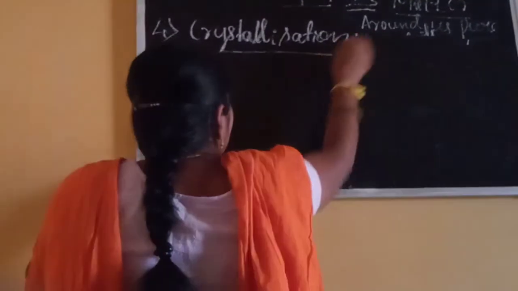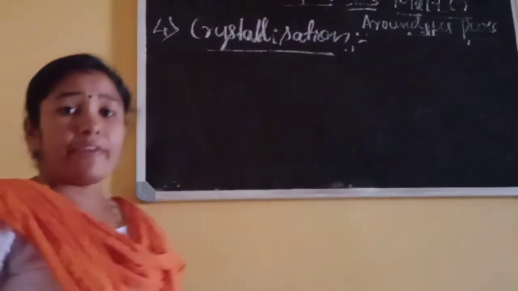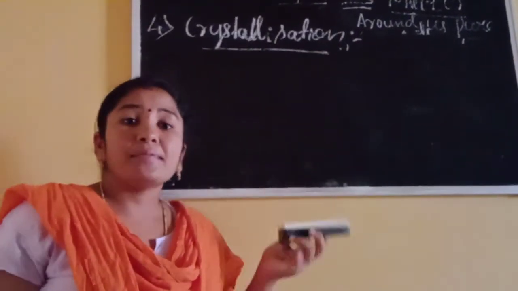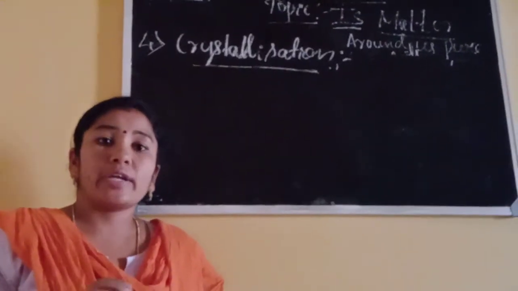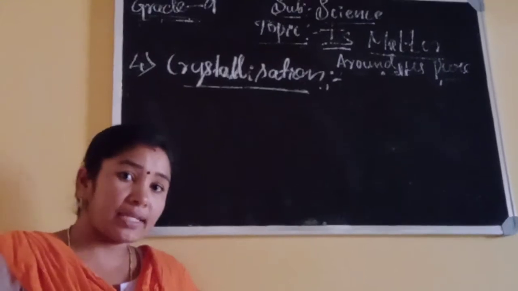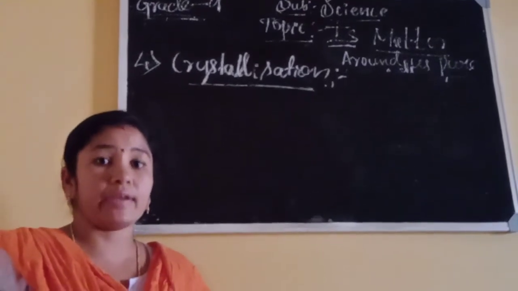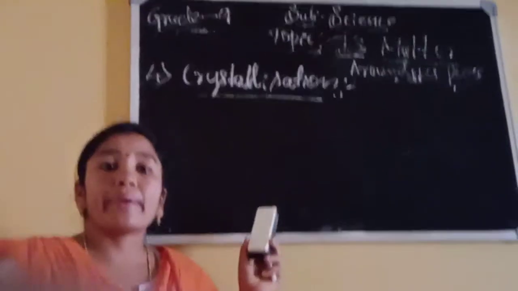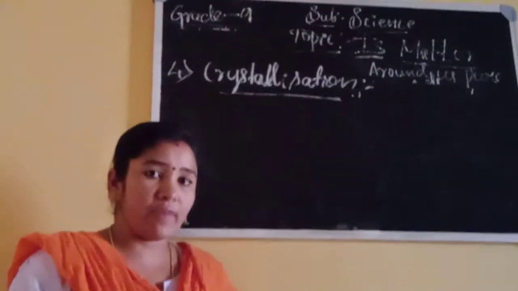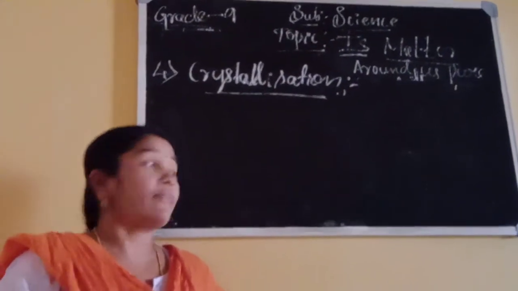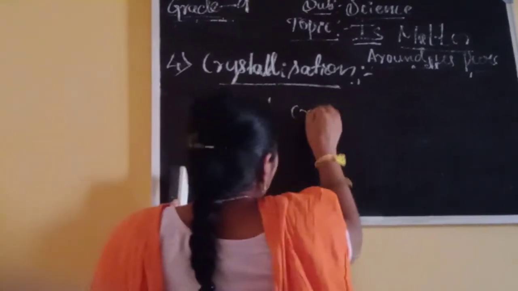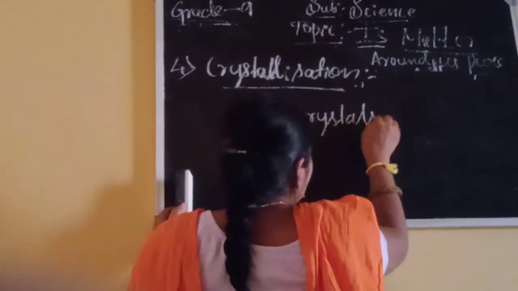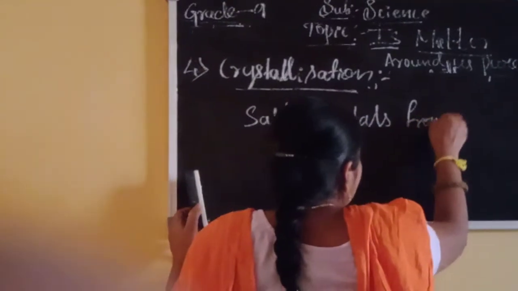Crystallization. It is one type of method. It helps to separate solid materials dissolved in a solvent. It is used to separate salt from seawater.